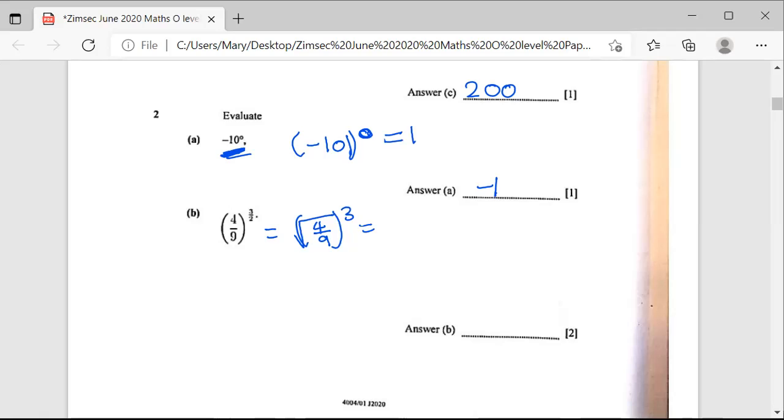The square root of 4/9 is 2/3, but I also need to raise that to the power of 3. And what is 2 to the power of 3? 2 to the power of 3 is 8. And what is 3 to the power of 3? 3 to the power of 3 is 27. So that is your answer. This one was easy.